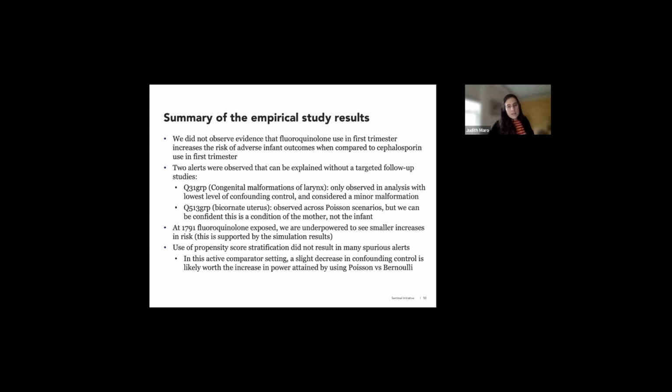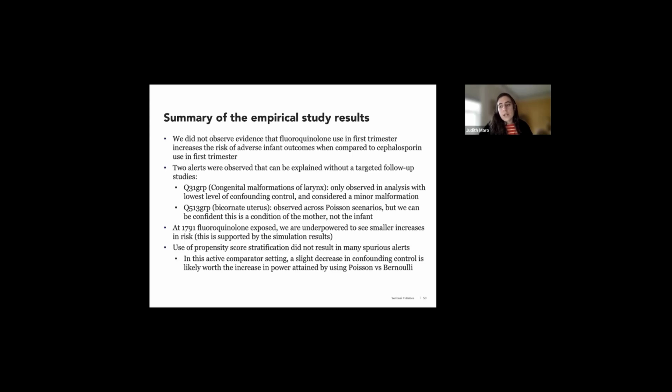And so a summary of the empirical study results, because I want to leave some time for a few questions, is that we did not observe evidence that there was any increase in the first trimester risk of exposure to fluoroquinolones versus cephalosporins. We did see 2 alerts pop up in empirical data when none were expected.